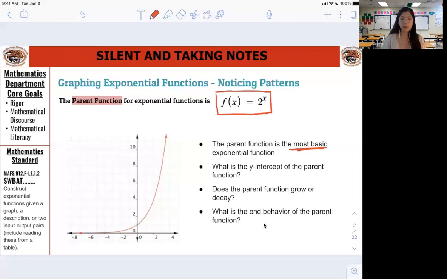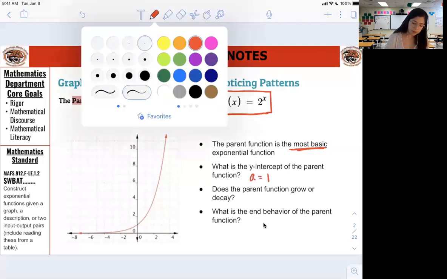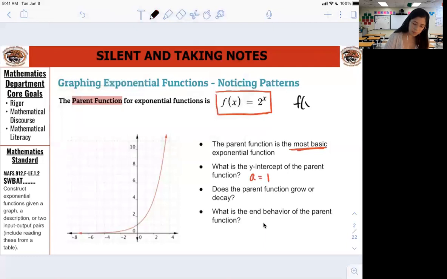So real quick, let's remind ourselves, what is the y-intercept of the parent function? 1. Good. A equals 1. Because remember, f of x equals a times b to the power of x. In this case, the parent function is just 2 to the power of x.